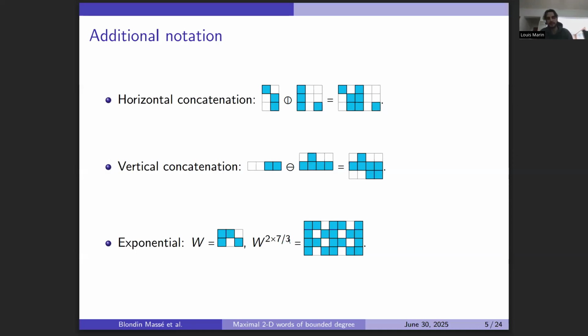The other number is the number of times you concatenate it horizontally. If you use a fraction, let's say here it's 7/3, basically you concatenate it two times and a third, so basically the first column. So this is what you get when you take this word to this power.